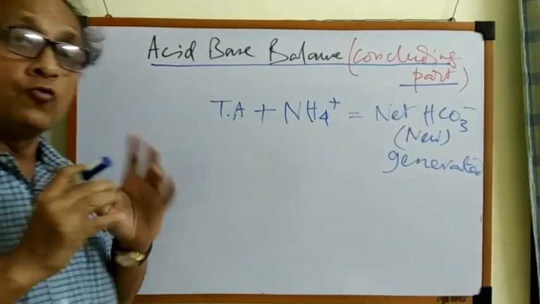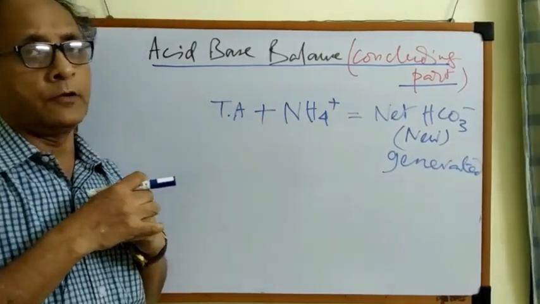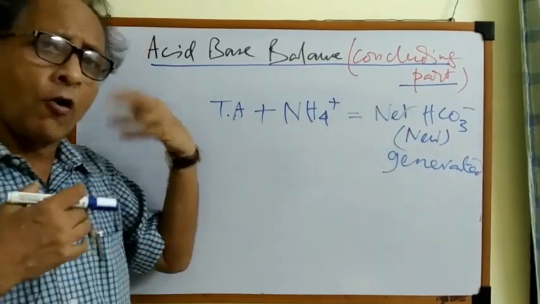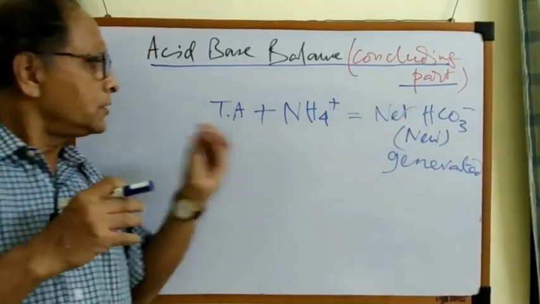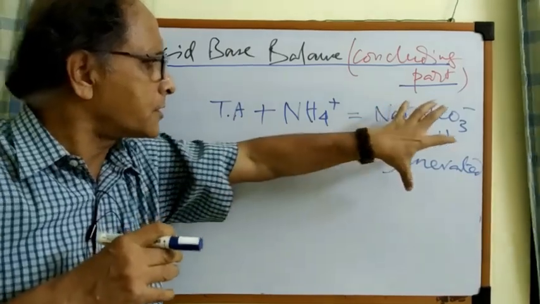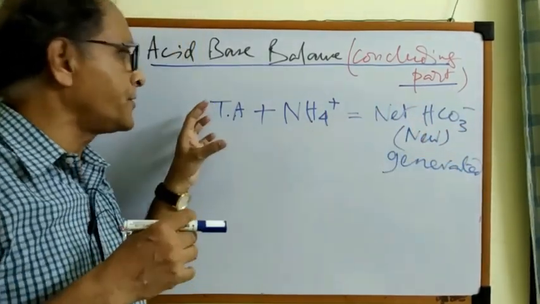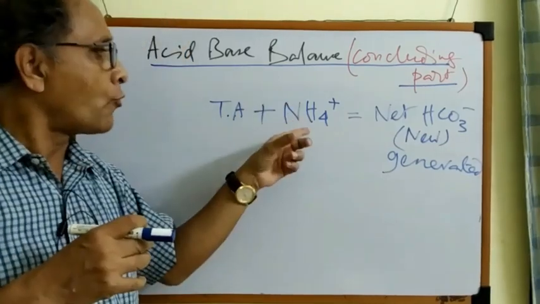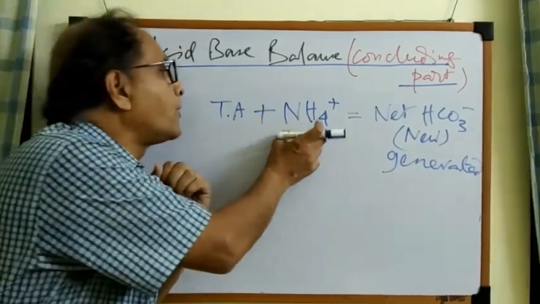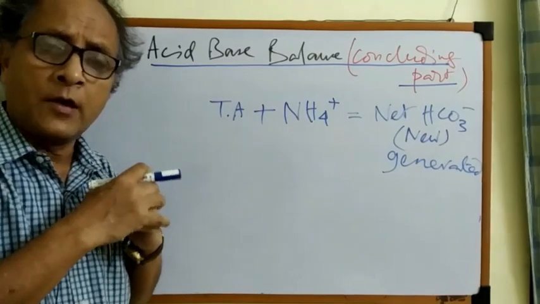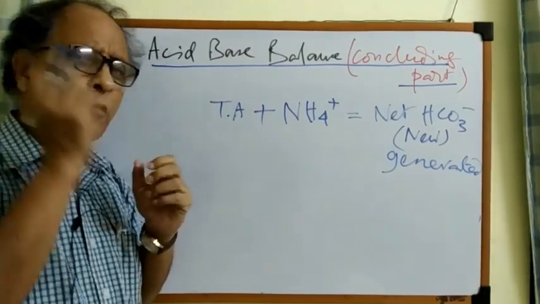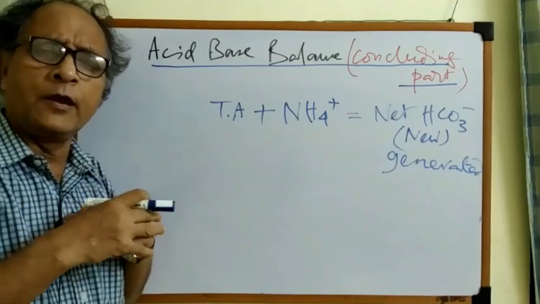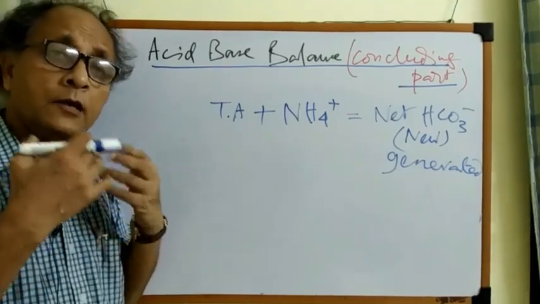So these are the two things which we can remember. Now, why am I telling all this? I am telling all this because these things, net bicarbonate generation, titrable acidity, and the non-titrable fraction of ammonium present in the urine, are all terminologies used very frequently when we discuss acid-base imbalance in detail.